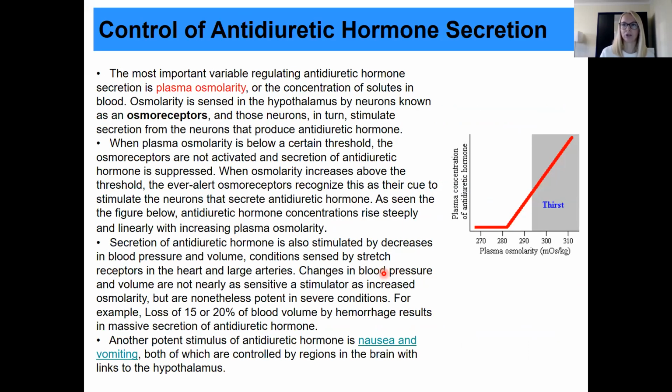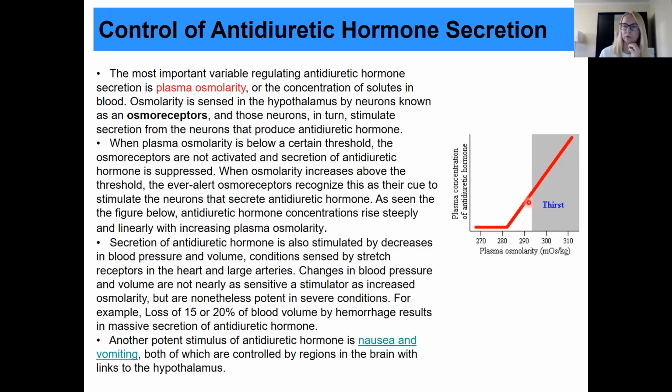How is the level of antidiuretic hormone controlled? If you look at the graph on the right, you will see that plasma osmolarity is the most potent stimulus for synthesis of antidiuretic hormone. Osmoreceptors are the receptors that can sense the level of osmolarity in our body.